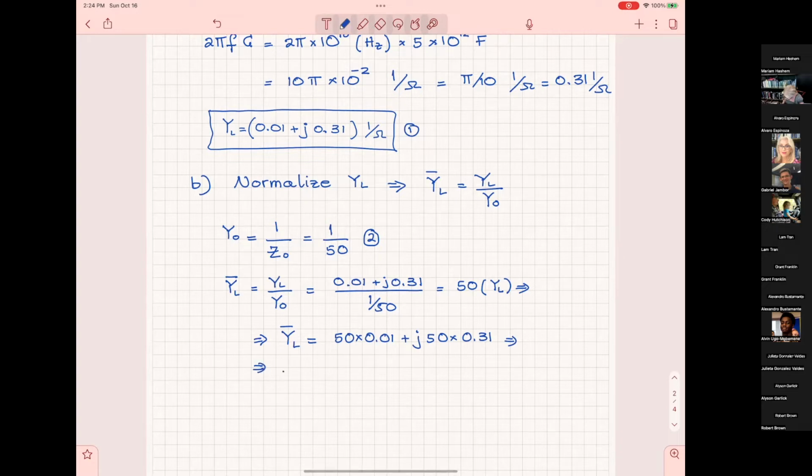And from here I have that YL is going to be 0.5, all right, plus j, and that's going to be 30 times, so 1.5, 15, I think. Am I right? I think it's going to be maybe 150.